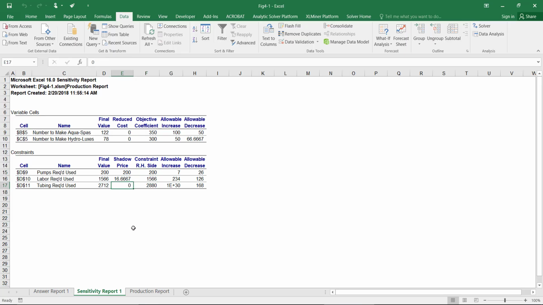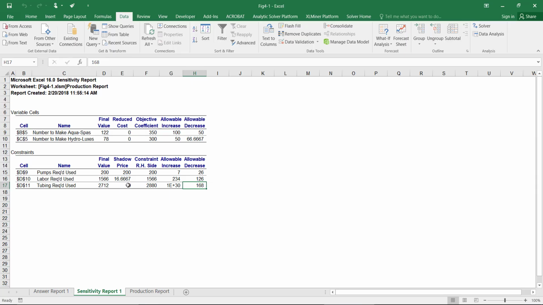So this means that if I increase in this range, I will not get any increase or decrease in the objective function. So any change within this range, if I increase the right hand side by this unit, I'm not going to get any change in the objective function.